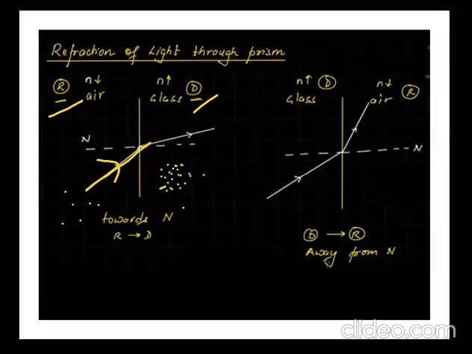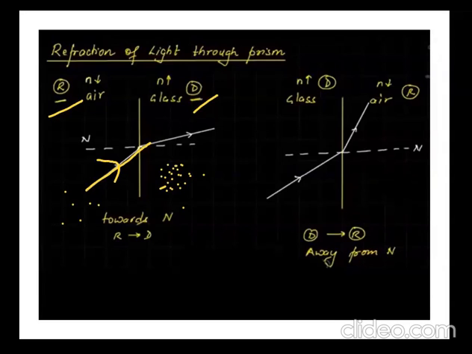So when the ray of light travels from air to glass, because we know the prism is made of glass, the incident ray enters from air into glass. So at the glass, refraction will occur, that is, bending of the light.